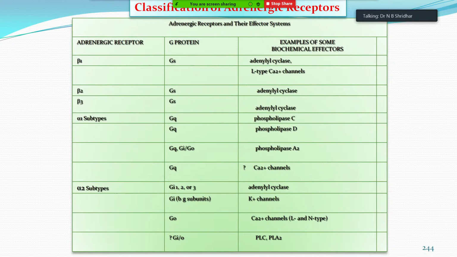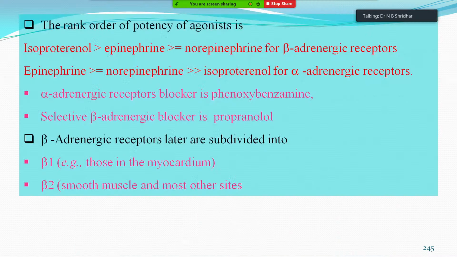The alpha receptors also have the alpha 2 type. Usually they are associated with inhibitory proteins: adenylyl cyclase, the potassium channels, and sometimes the calcium channels, whereas many times phospholipase C and phospholipase A2. Usually the presynaptic alpha 2 receptors are inhibitory in nature.